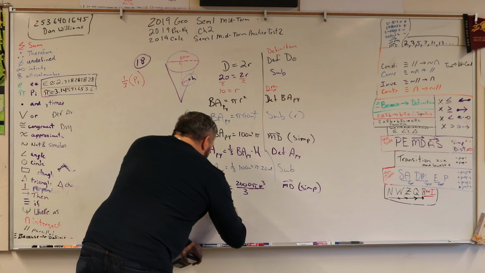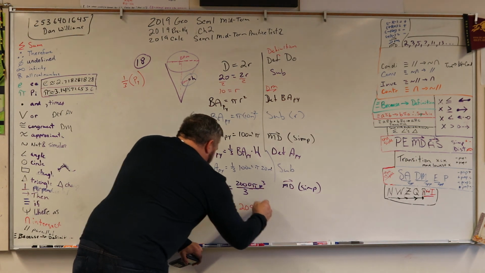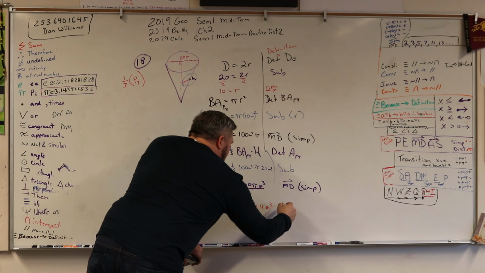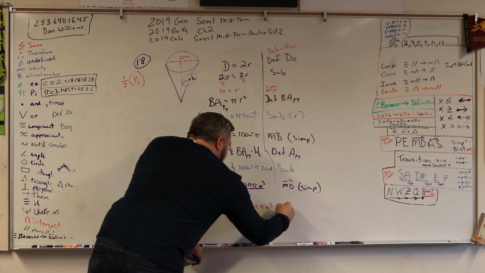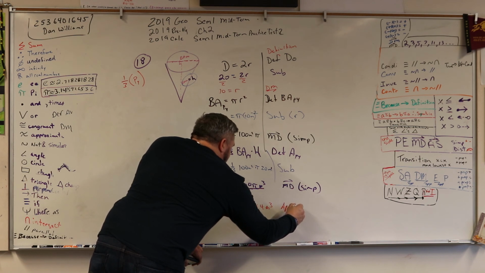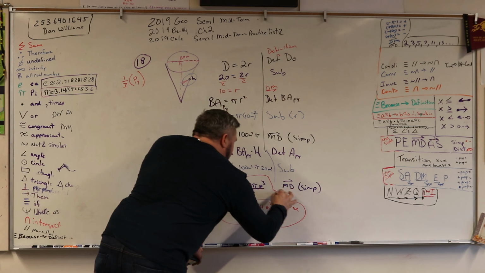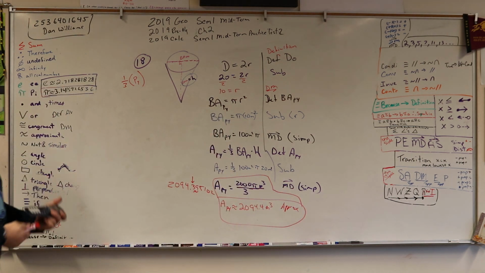So the area of the pyramid is equal to 2,094.4 meters cubed. That would be the approximation, so we're finding the approximate value. I want you guys learning the difference between the actual value and the approximate value, okay?